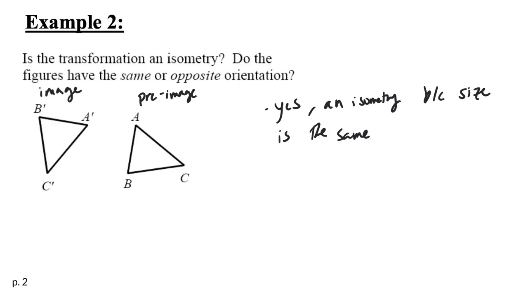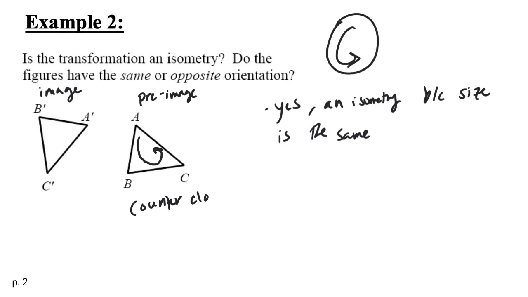Now I want to see what the orientation is for my points being listed. If I look at this, I see that I'm going counterclockwise. If I think about a clock, going in the opposite direction means counterclockwise. So my pre-image is moving counterclockwise to go through the points.